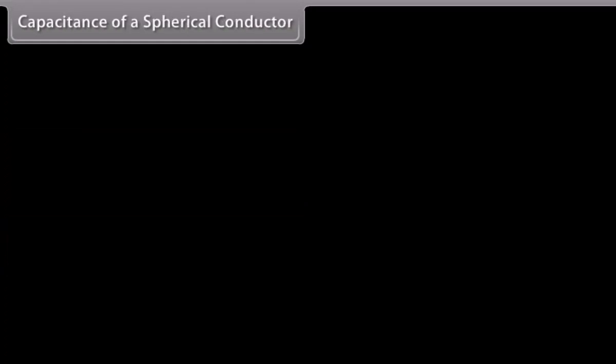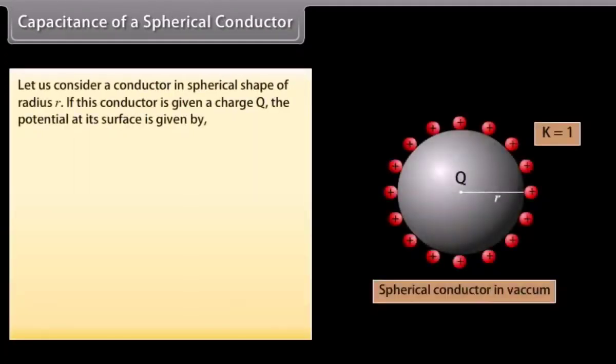Capacitance of a spherical conductor. Let us consider a conductor in spherical shape of radius R. If this conductor is given a charge Q, the potential at its surface is given by V is equal to 1 upon 4 pi epsilon naught multiplied by Q upon R. It can be written as Q is equal to the product of 4 pi epsilon naught R and V. We know that Q is equal to CV.